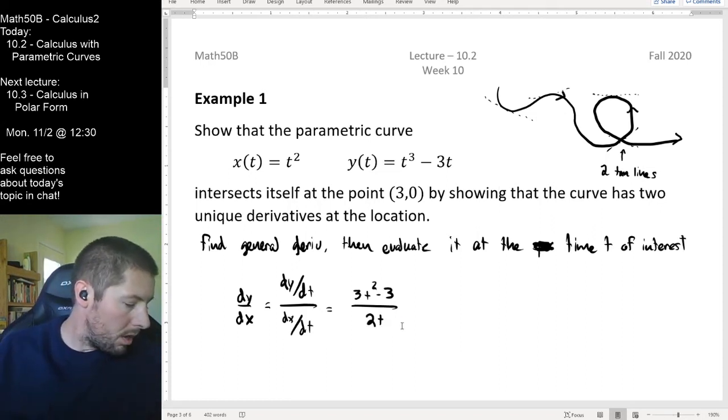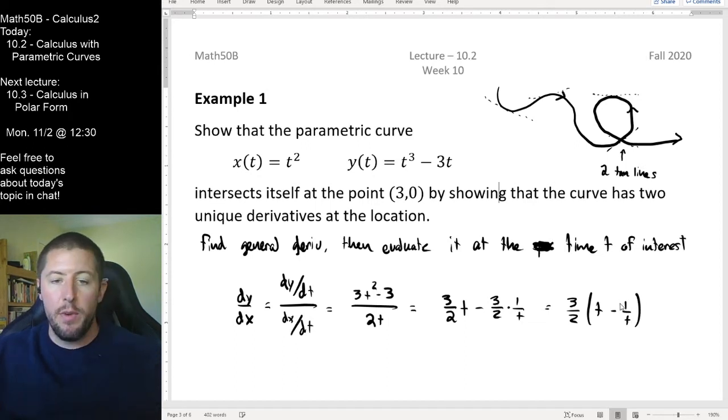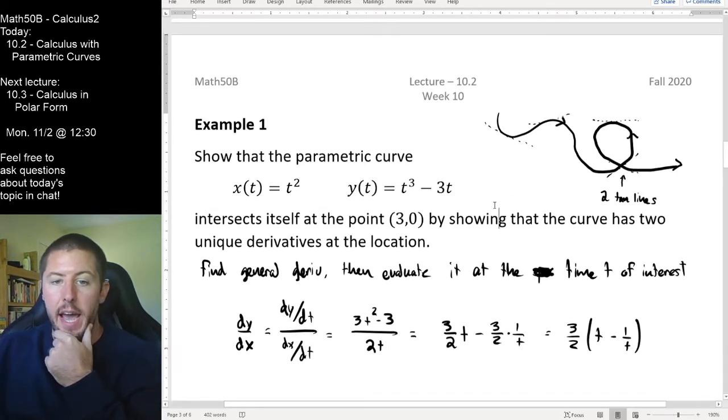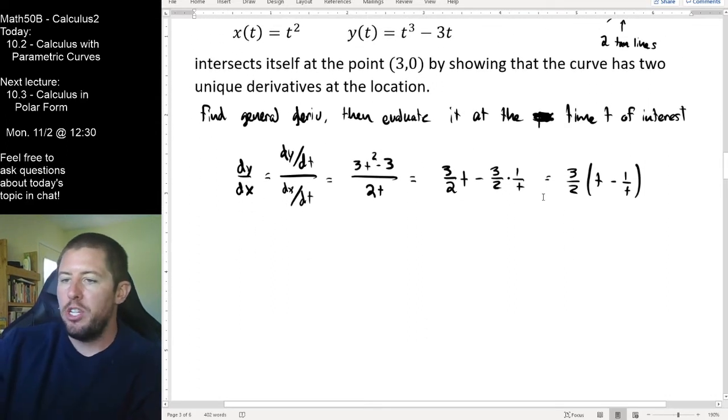So when I do this division, I'm getting 3 halves t minus 3 halves times 1 over t, also known as 3 halves t minus 1 over t. So it looks like we found the derivative dy/dx in terms of t, but notice that I know the xy location.